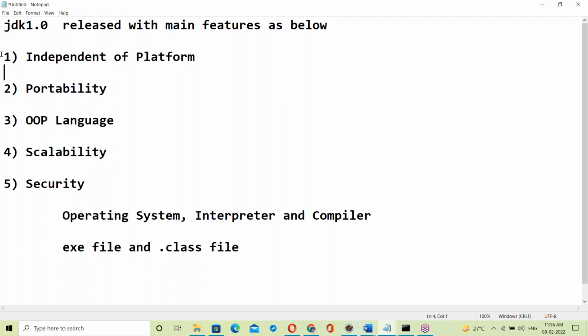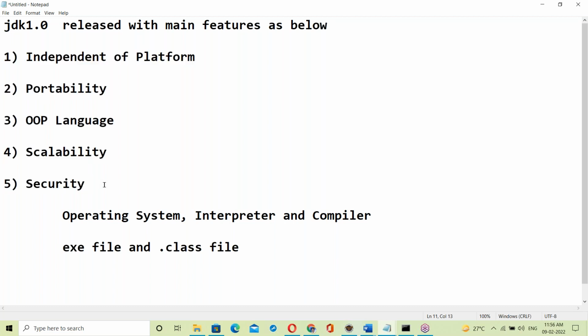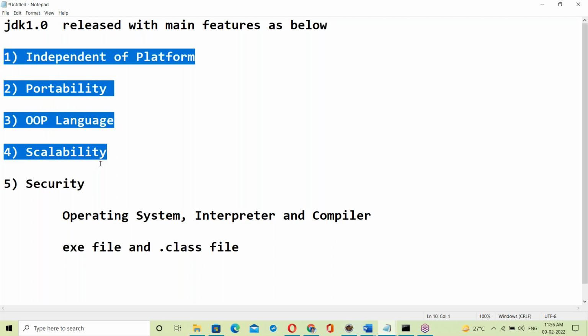I can simply explain definitions and go to a Java program directly, but that is not my way. Every topic I will explain very clearly, in depth. Most trainers explain definitions like independent of platform and portable, then start the Java program.